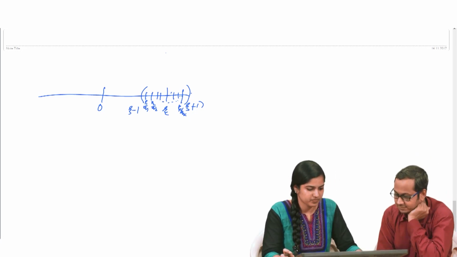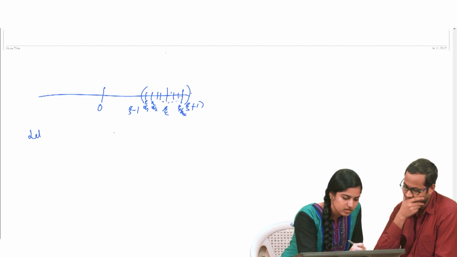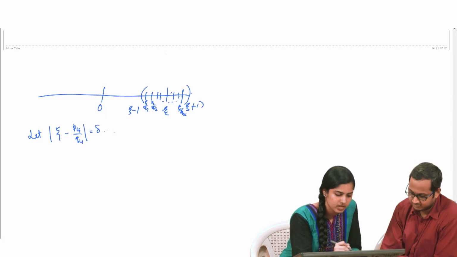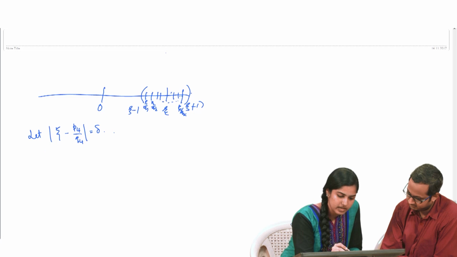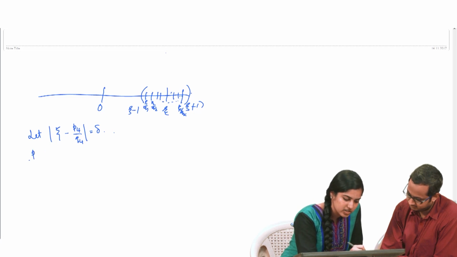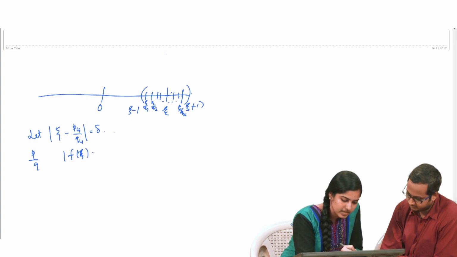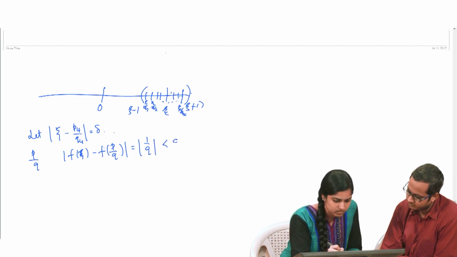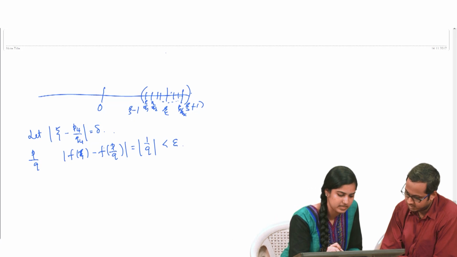Let me try. Let us take modulus of xi minus the nearest point to xi, P4 by Q4, equal to delta. So in this neighborhood, for every rational number P by Q, we have modulus of f of xi minus f of P by Q is equal to 1 by Q, which is less than epsilon.